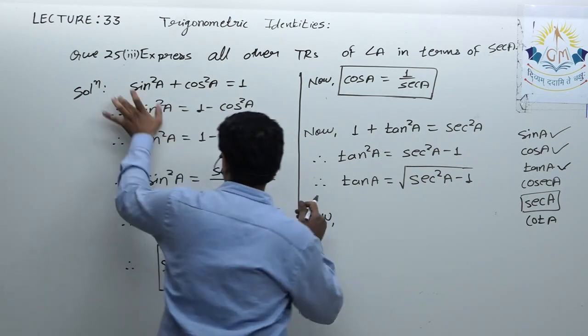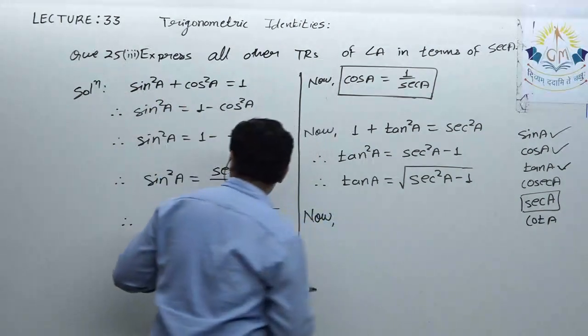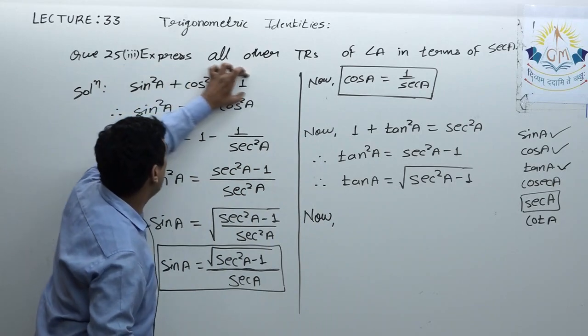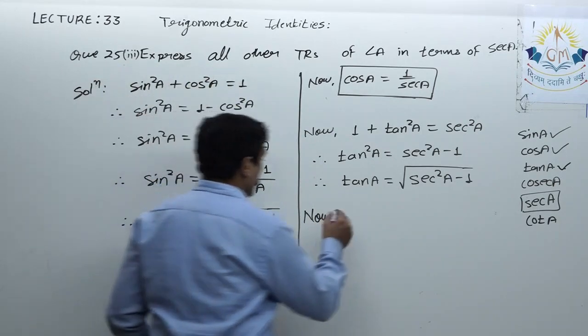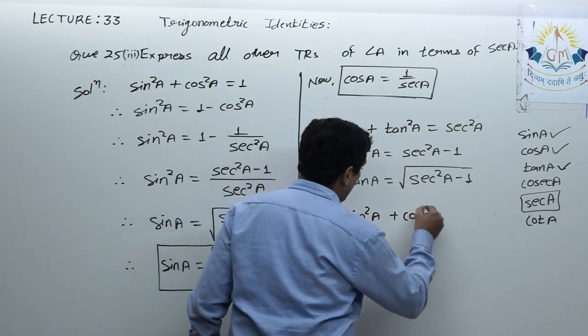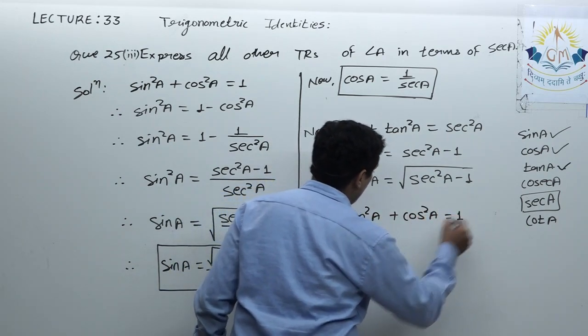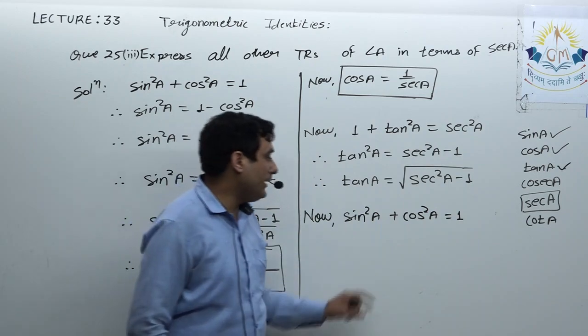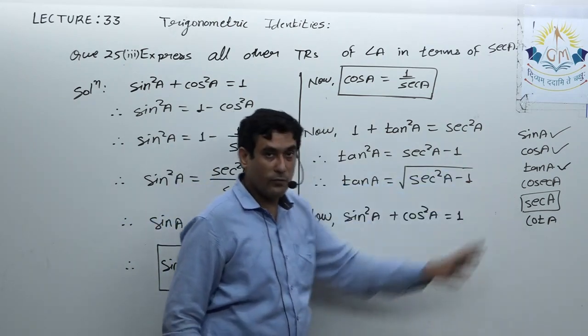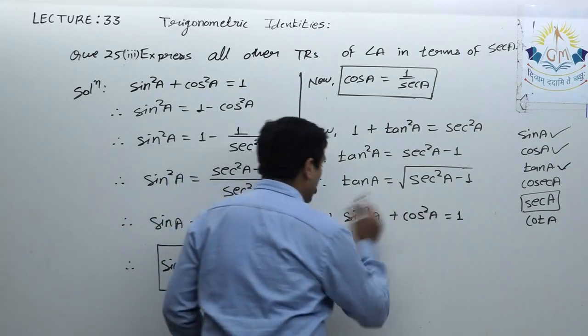So let me give the solution directly. I am not using this result. I am giving you the solution with the help of this original identity. That is, sin square A plus cos square A is equal to 1. I have to find a relation between sec A and cosec A. For that I have to reciprocate these two.